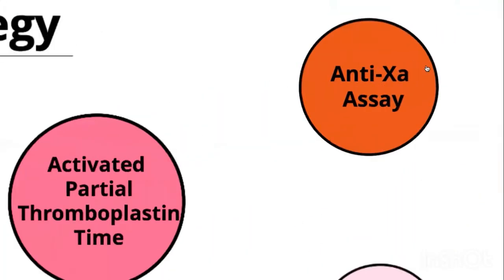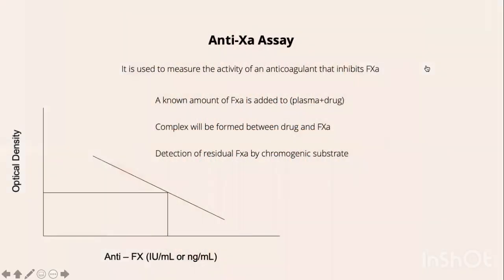Last thing, the anti-factor 10 assay. This one is used to measure the activity of an anticoagulant that inhibits the active form of factor 10. So how do we do this test? We have the plasma of the patient, which contains his plasma plus the drug he was administered. We need to know the effect of this drug on factor 10.